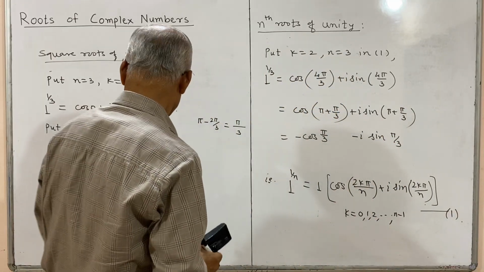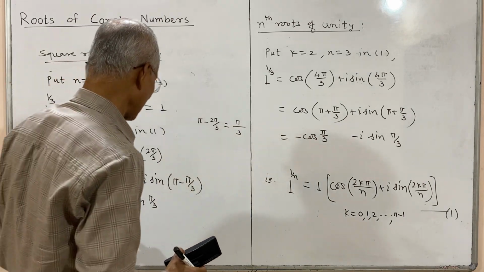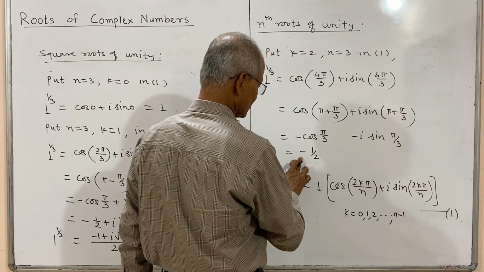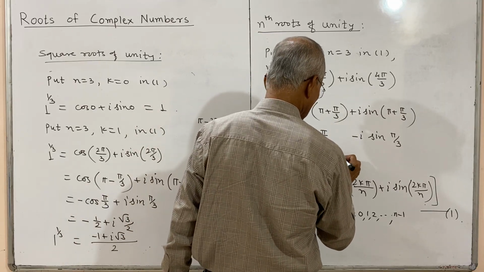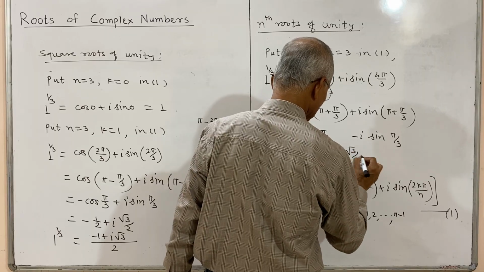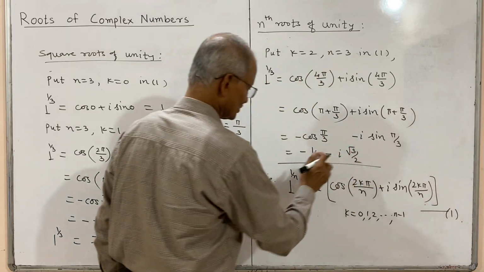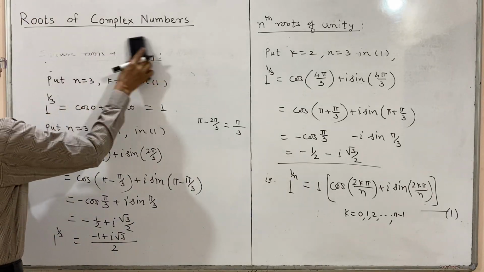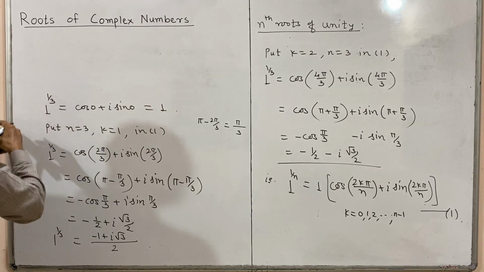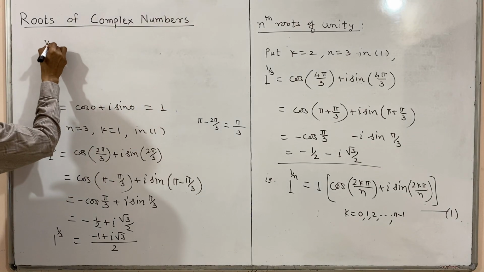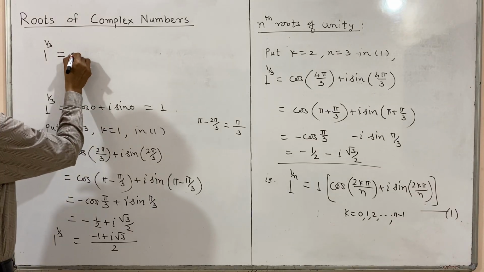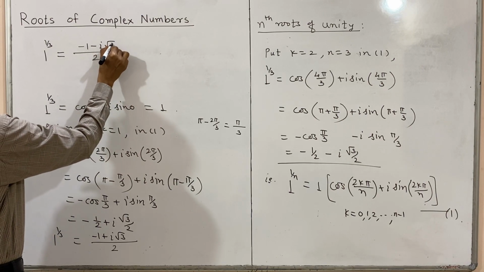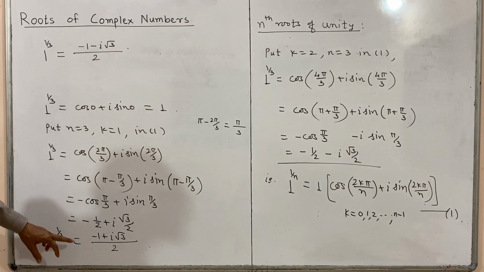And in this case cos pi by 3 is half, so minus half with the negative sign, and minus i sin pi by 3 is i root 3 by 2. And thus this root, 1 raised to 1/3, with common denominator 2, is minus 1 minus i root 3 upon 2, which is the conjugate of the previous one.